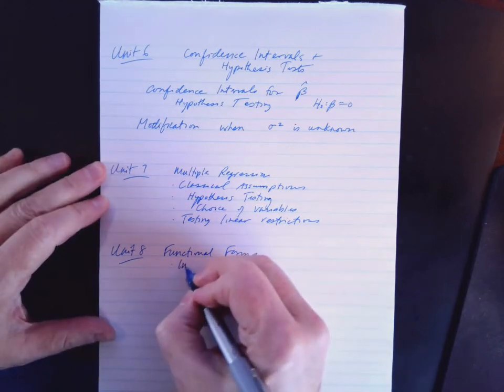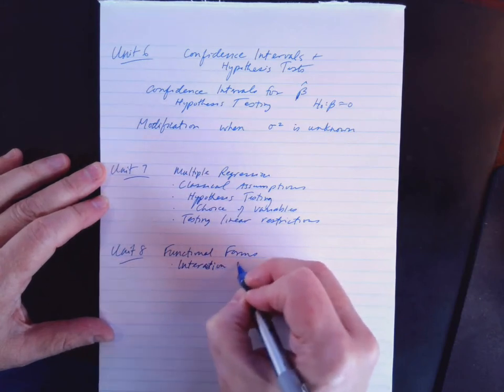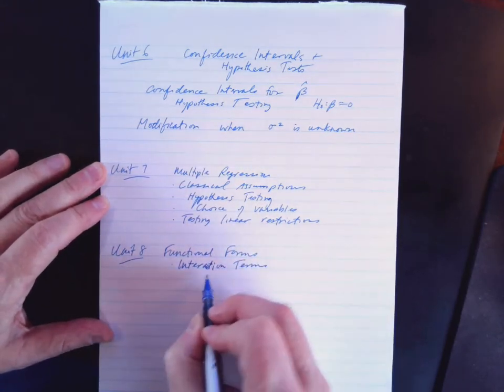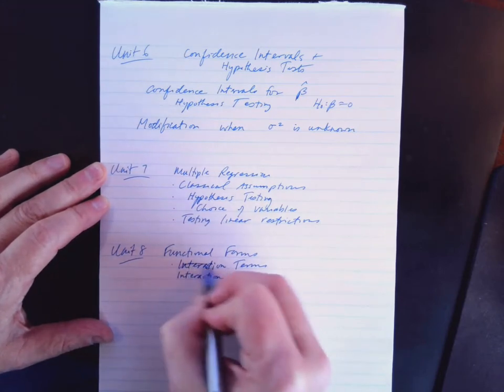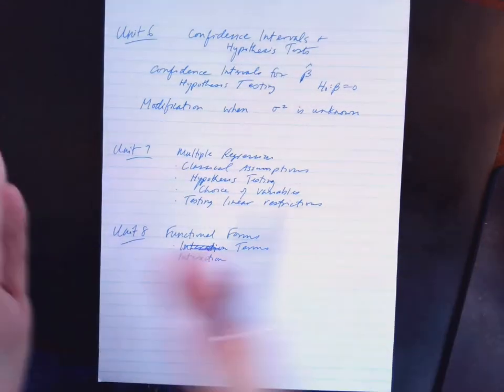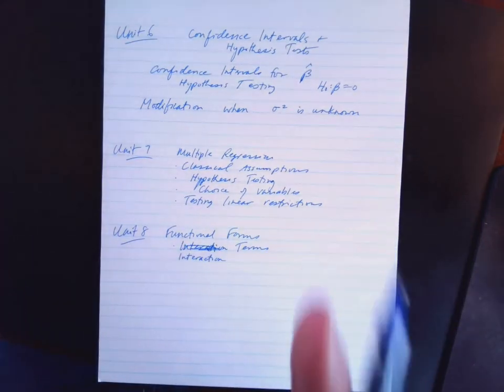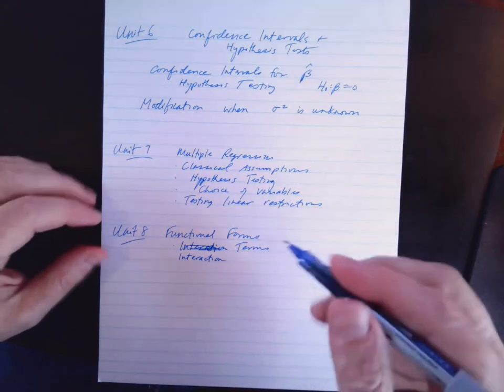And an important topic was interaction terms. When you have one thing multiplied by another, we put those in so that the marginal effect of one of the variables can depend on the value of another variable.